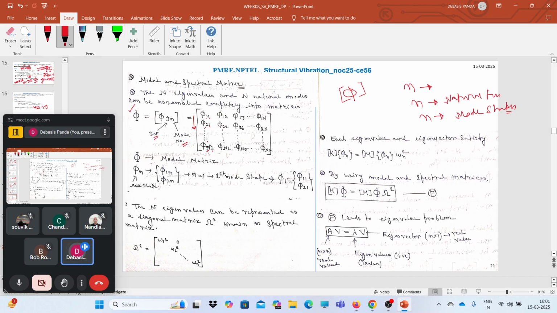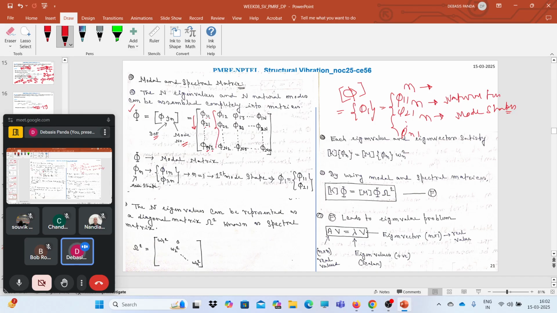So that means the first component of this modal matrix will be phi 1. That contains phi 1 1, phi 2 1, dot dot dot phi n 1. The structure is like this. That means the elements of this matrix will contain the mode shape corresponding to each mode.